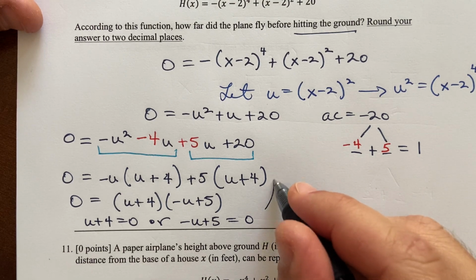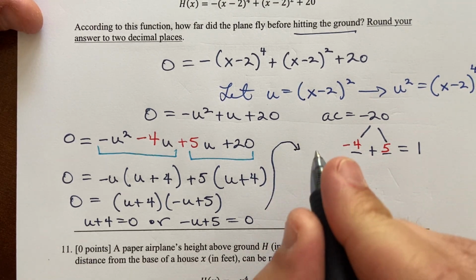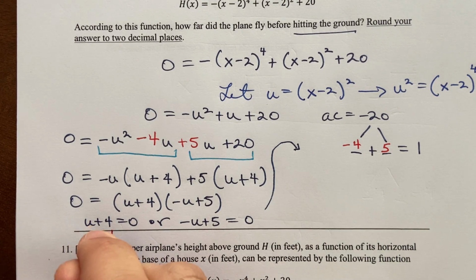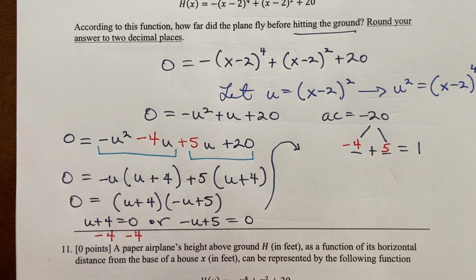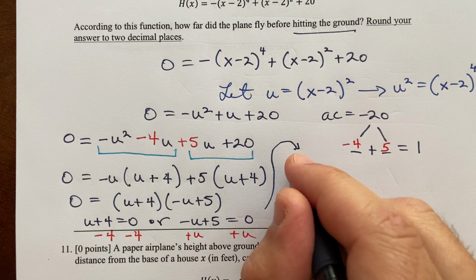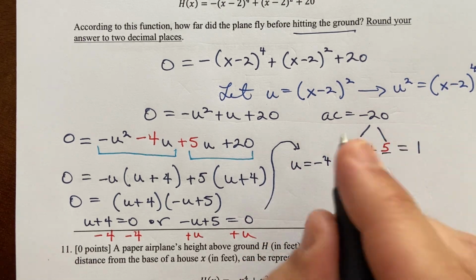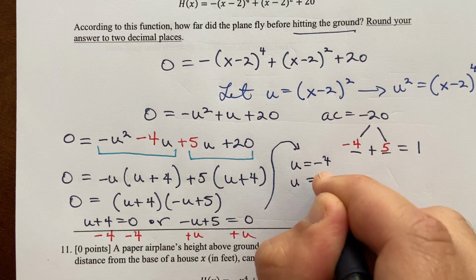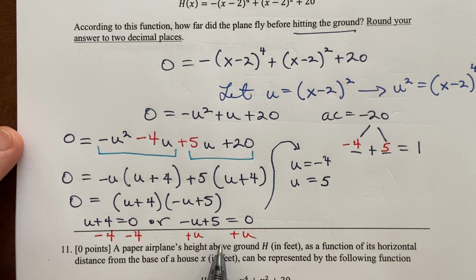Adding and subtracting here, we're getting u equals negative 4 and or u equals 5 from this one.